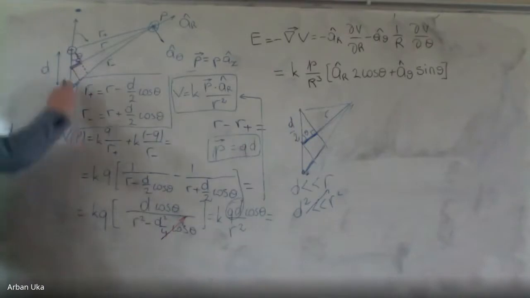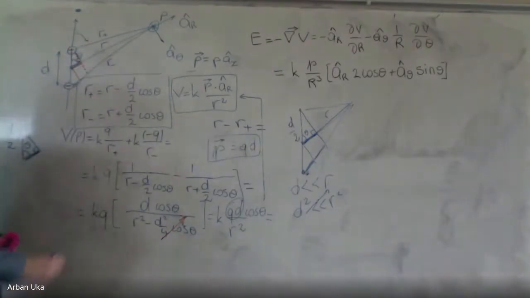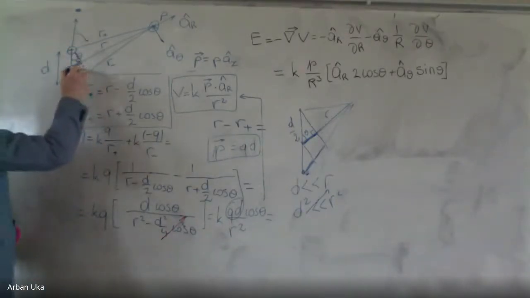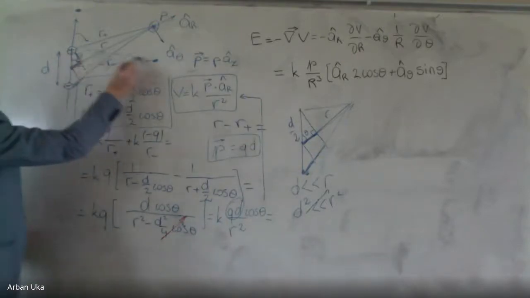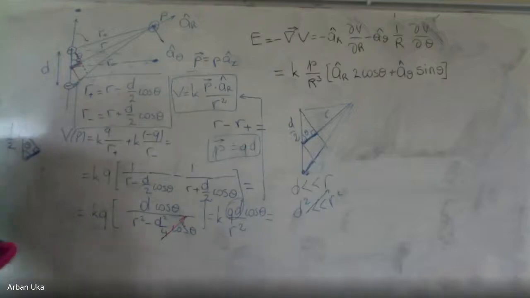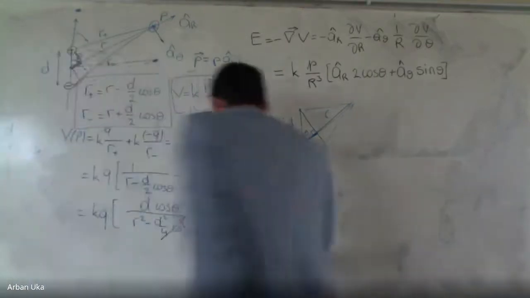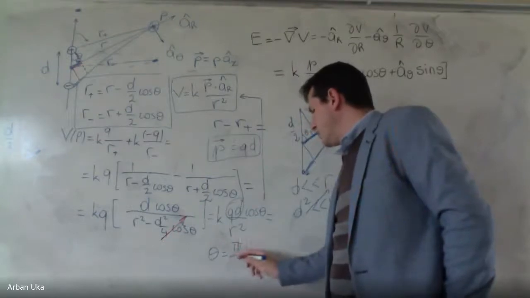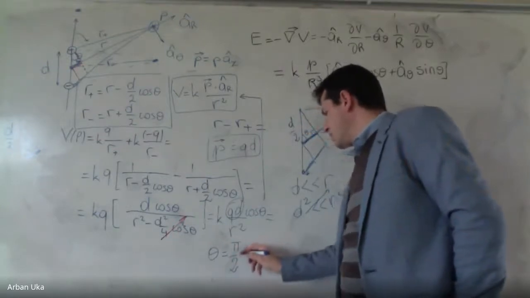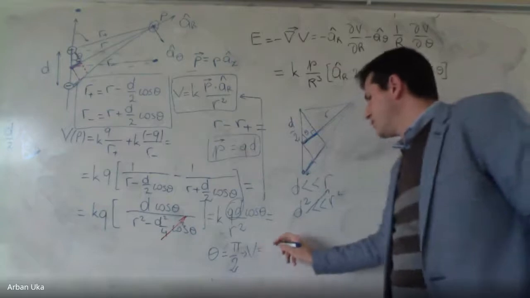But if the angle theta is pi over 2, which means we are looking at any point down here, because the distance here is equal, we can say that for theta equal to pi over 2, the potential is equal to 0.